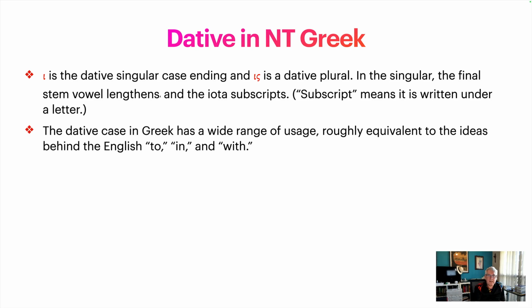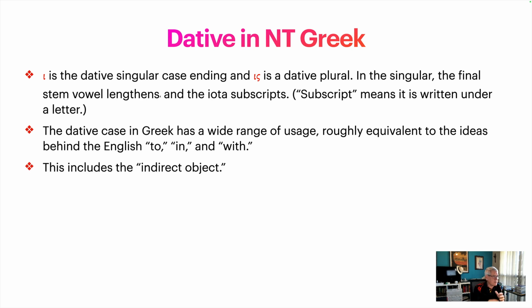Okay. The dative in Greek has a wide range of usage, and it covers things that we would translate in quite different ways in English. It may mean to, it may be in, it may be with, it may be by. Okay, so it's expressing an indirect relationship, but it's not as simple as simply "to."